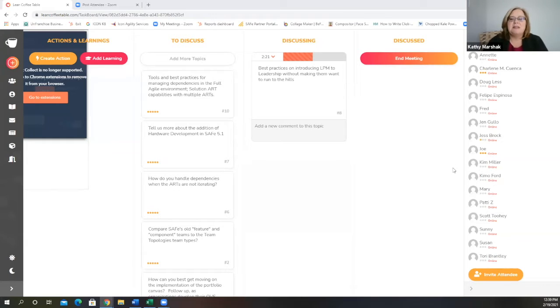Yes, I'll just add a couple of the other things that I've seen cause people concern about adopting lean portfolio management. If you're a consultant, your clients may have a concern that you don't understand how they work today or what makes their current situation unique.